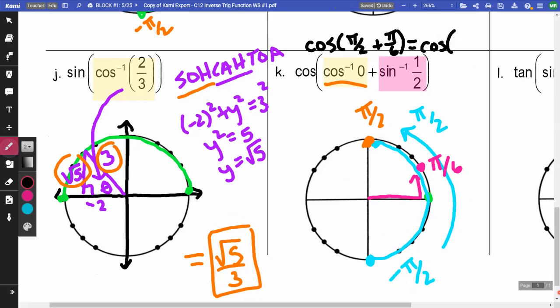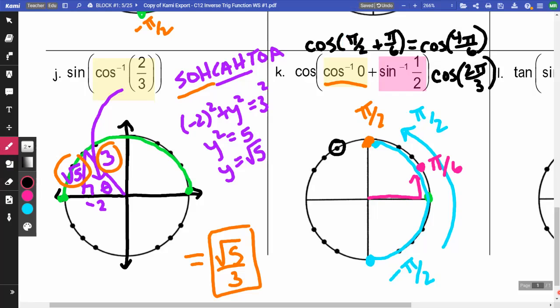So when I take 3 pi 6 and add it with pi 6, I end up getting 4 pi 6. And 4 pi 6 really reduces down to 2 pi thirds. So really, I want to know, what is cosine of 2 pi thirds?